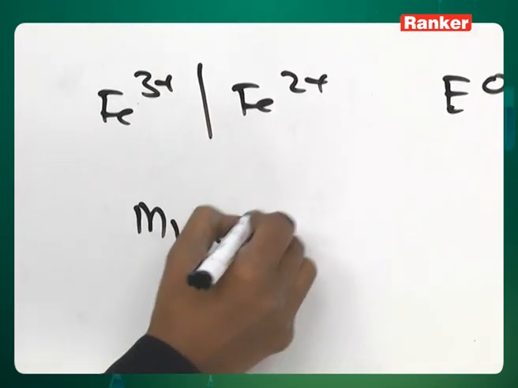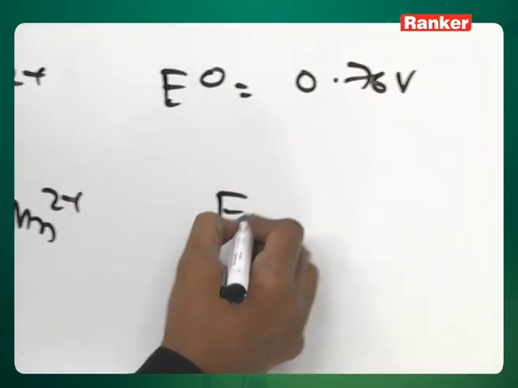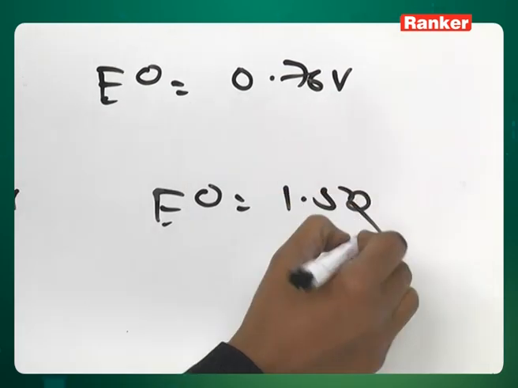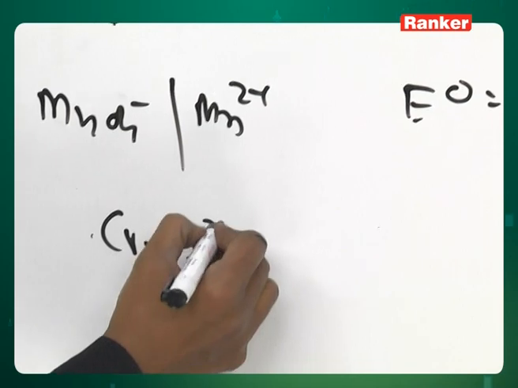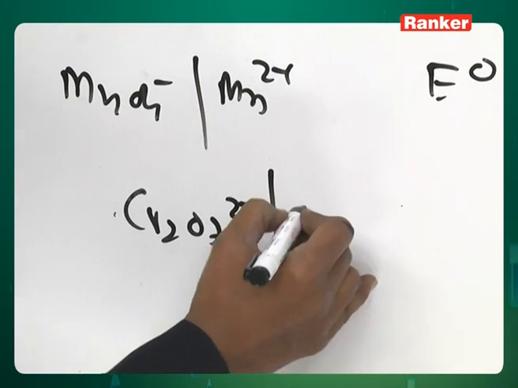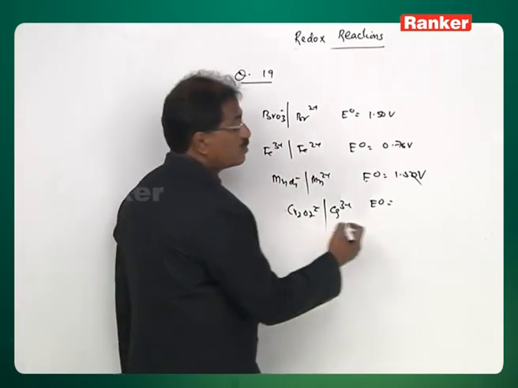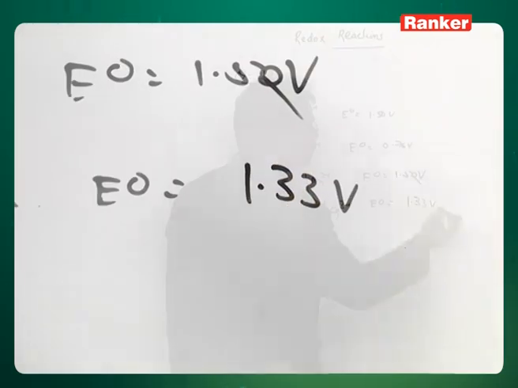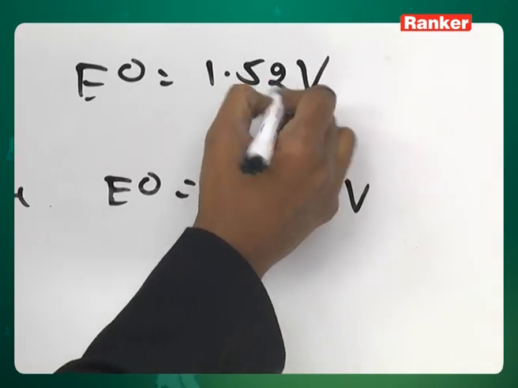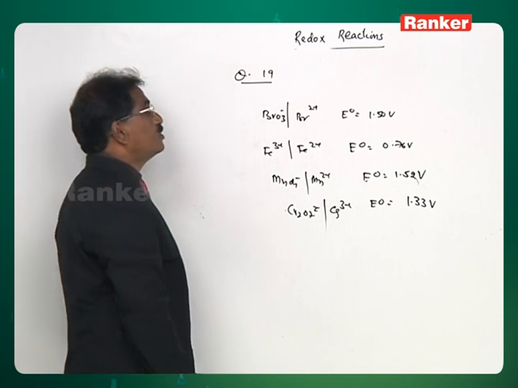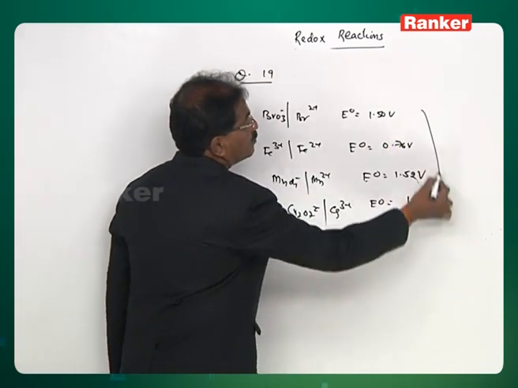Next, MnO4 minus to Mn2 plus. Here the reduction potential is 1.52. Next, Cr2O7 2 minus gives Cr3 plus. E0 is 1.33 volts. So these are the 4 different species that are given along with the reduction potential values.